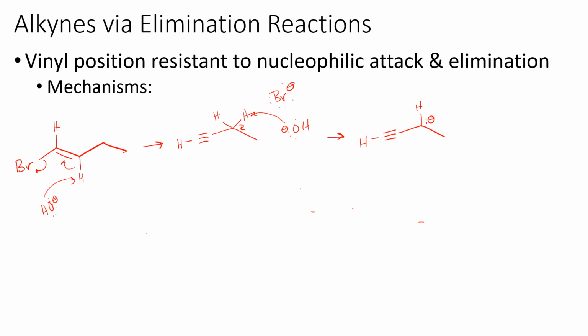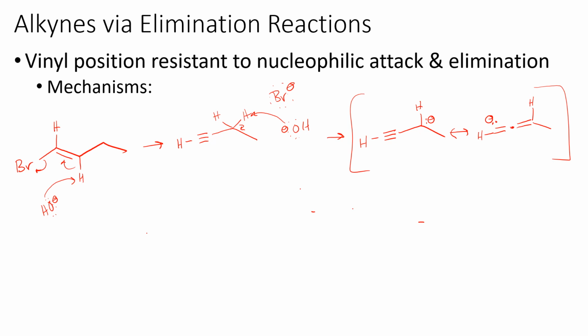This ends up generating a carbanion on the carbon adjacent to the terminal alkyne. This can then undergo resonance since the lone pair of electrons is adjacent to pi bonds. We will see a resonance structure where we're just going to move the pi bonds and move the lone pair of electrons.